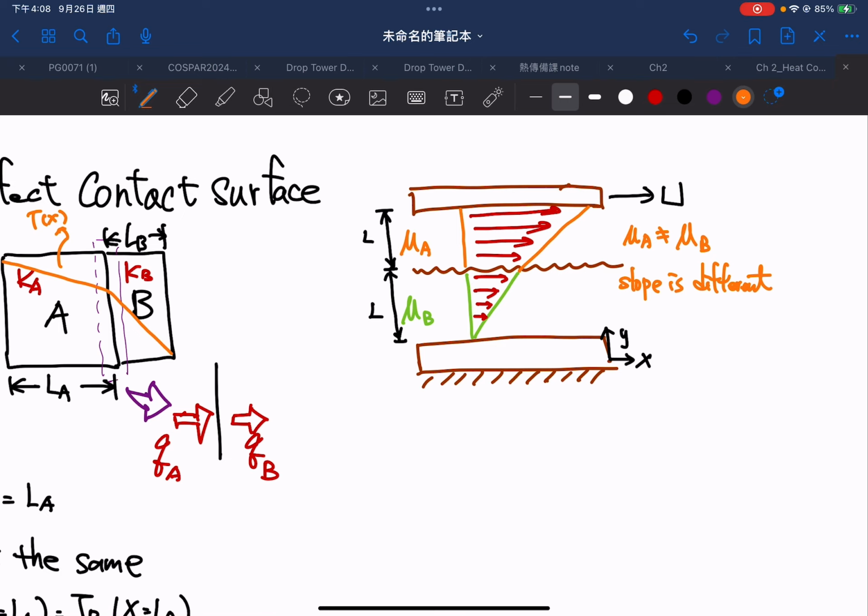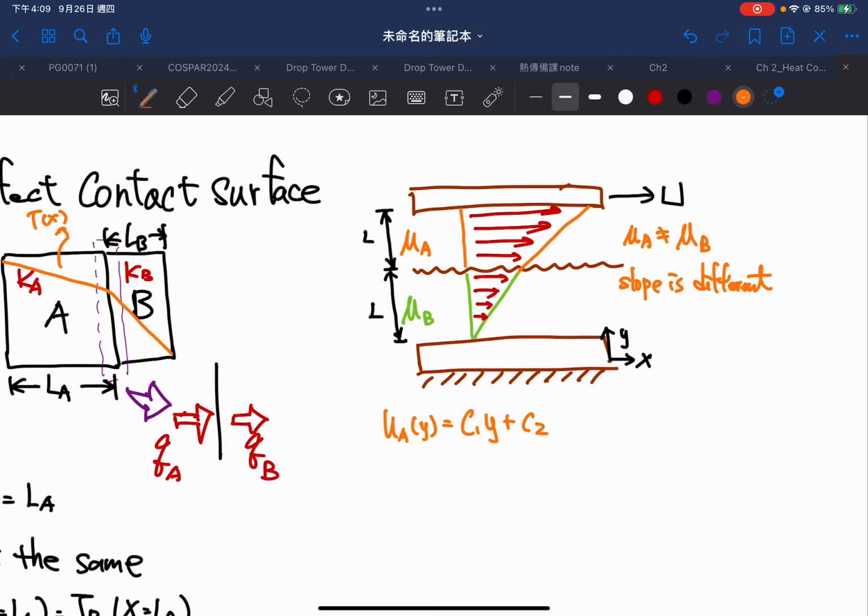If you recall in fluid dynamics, we can write down the velocity profile at this position and this position. Let me write it down. U_A at y equals C1 y plus C2 because it's linear.